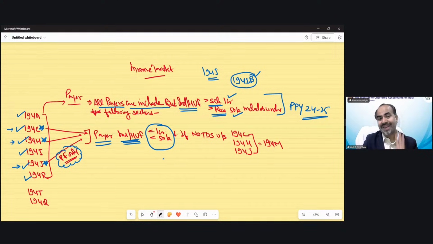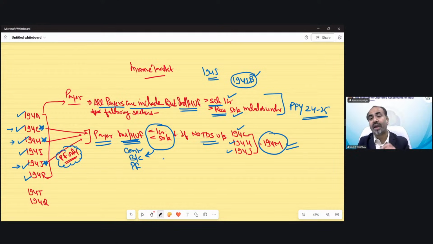So for these 3 kinds of payment, contract, brokerage commission, and professional fees, if the individual HUF is having less than 1 crore turnover or less than 50 lakh rupees receipt, and if TDS has not been deducted under these 3 sections, a new section has been inserted under section 194M. The same way for rental purpose, there was section 194I other than for specified individual HUF. But for those individual HUF, section 194IB has been inserted.